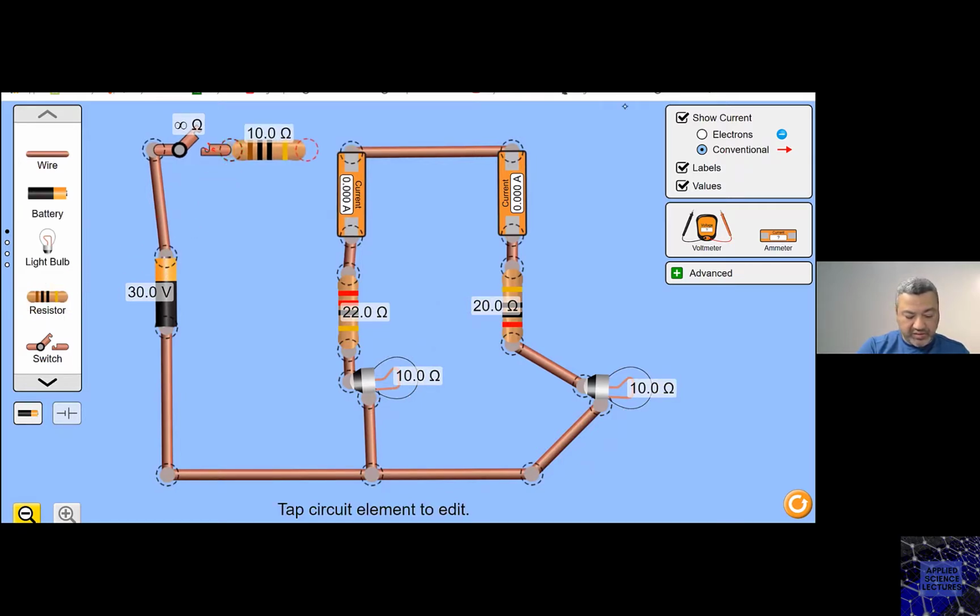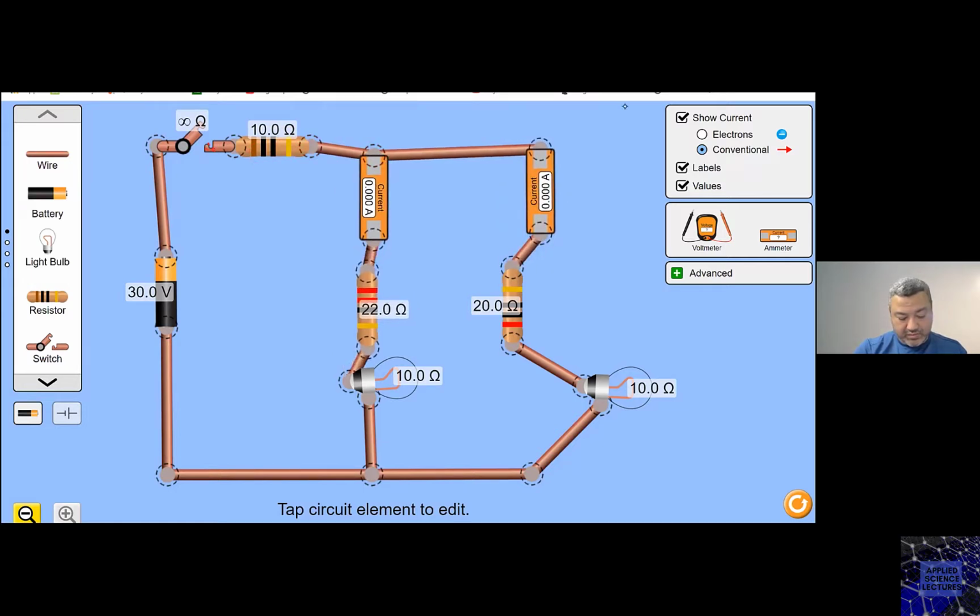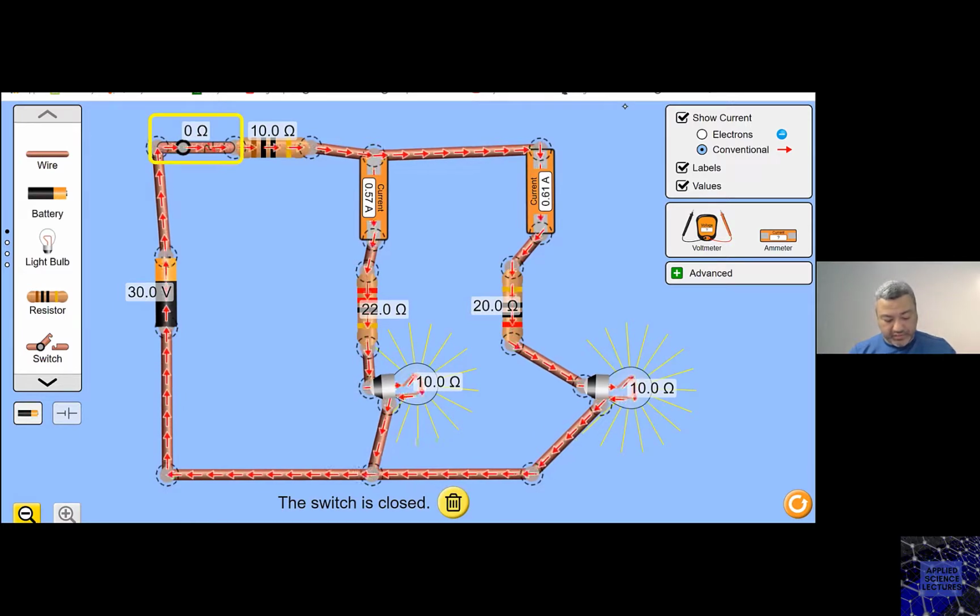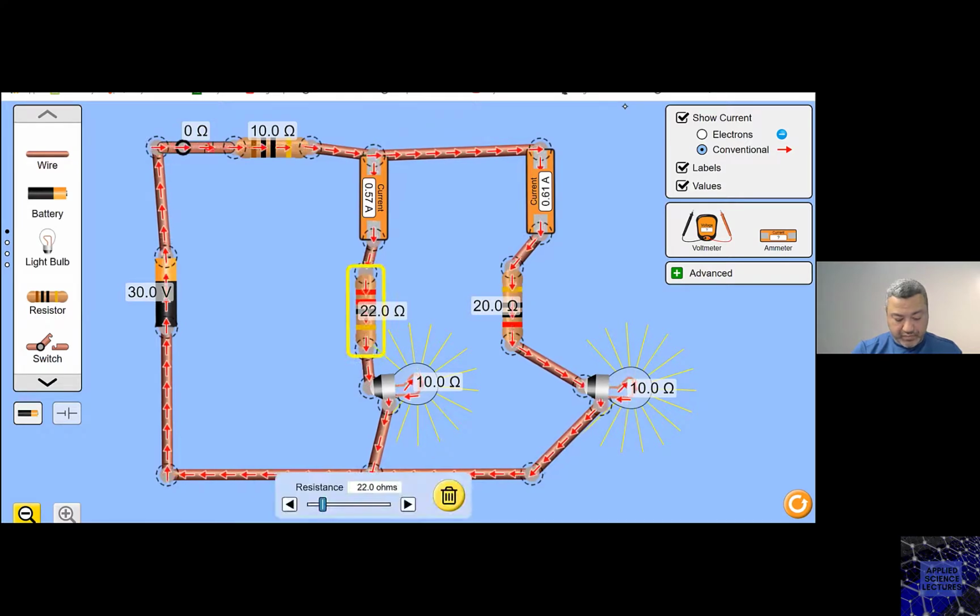If I bring a resistor here, I close this one, and I change this, look, if I change the value of the resistance in this resistor, what's going to happen to the current here? The current will also change.